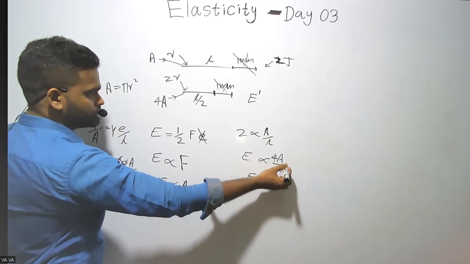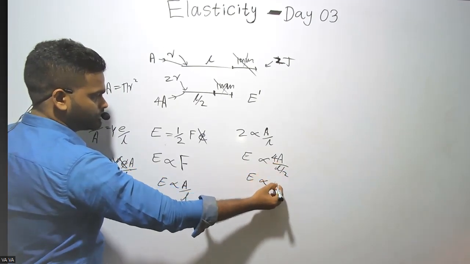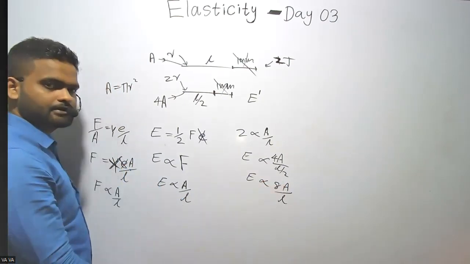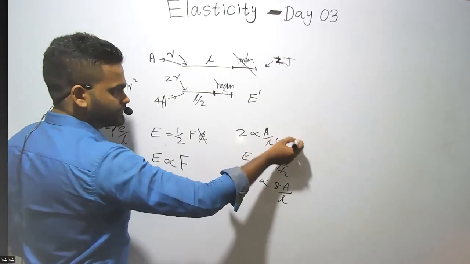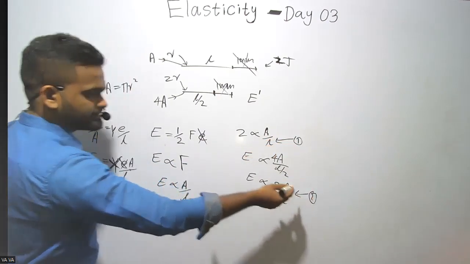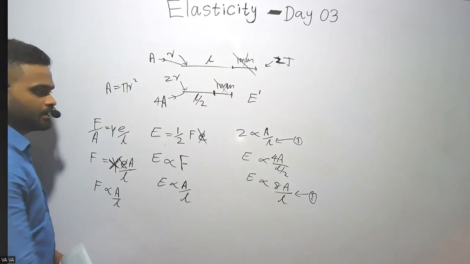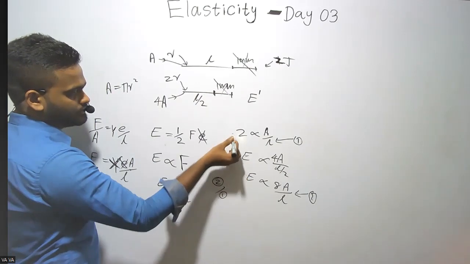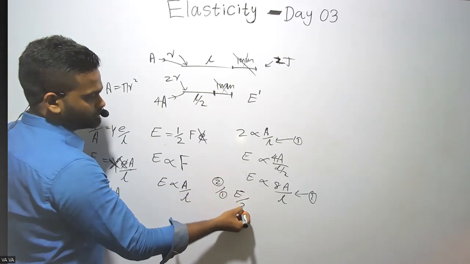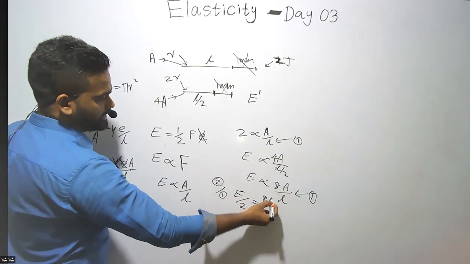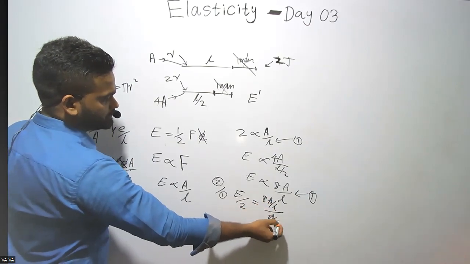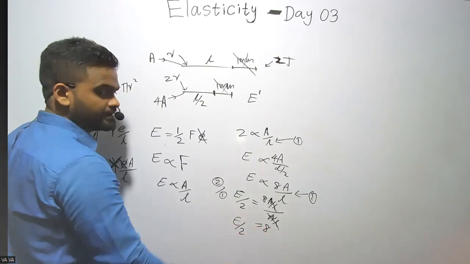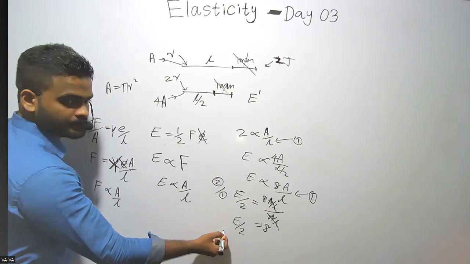The 2 goes to the numerator and multiplies with 4, so it becomes 8A divided by L. This is the first proportionality and this is the second. Then divide the second by the first. On the left side you get E over 2 equals 8A over L divided by A over L. A over L cancels off, so E over 2 is equal to 8.